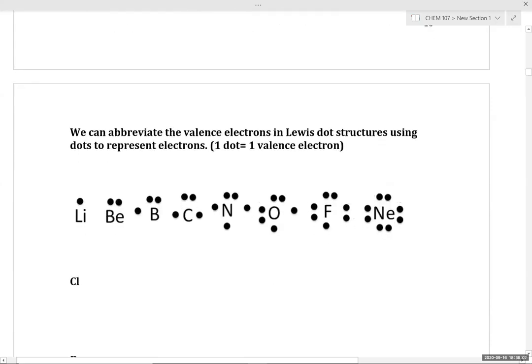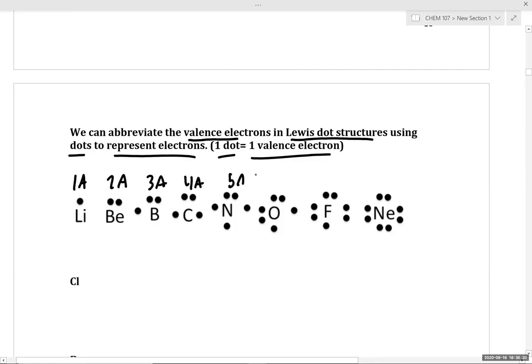So one thing that we can do is abbreviate the valence electrons in what are known as Lewis dot structures, using dots to represent electrons. So 1 dot, 1 valence electron. Lithium, 1A element, 1 valence electron, 1 dot. Beryllium, 2A element, 2 valence electrons, 2 dots. And so forth.